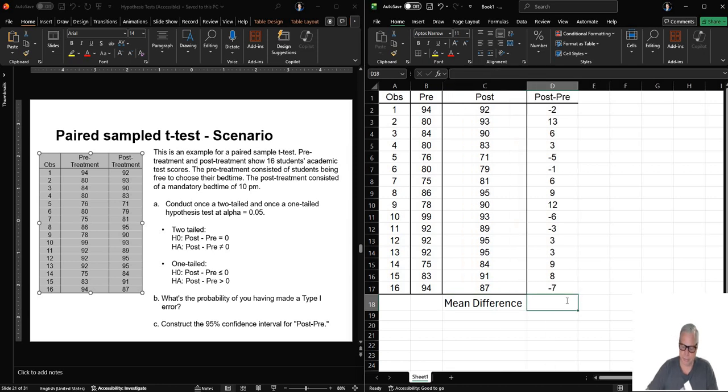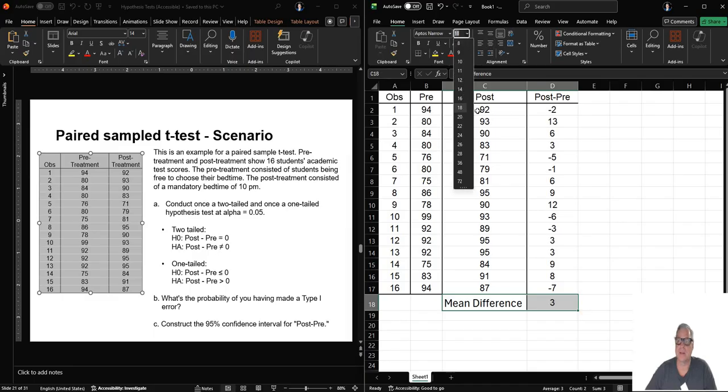The mean difference is the average of all those differences, and that average is 3. So it looks like on average, going to bed at 10 o'clock has increased the class difference.